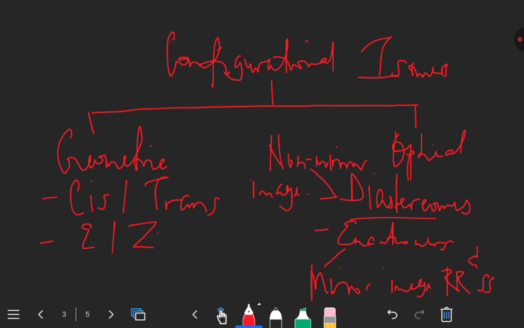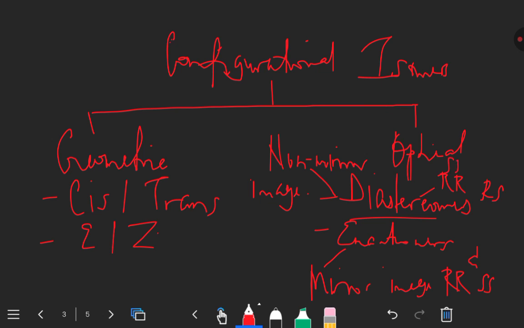But with diastereomers, they just differ at one point. For diastereomers, one molecule has R,R, then the other one has R,S. Or it could be a situation whereby one molecule has S,S, then the other one has S,R.